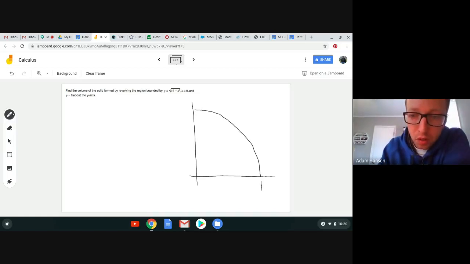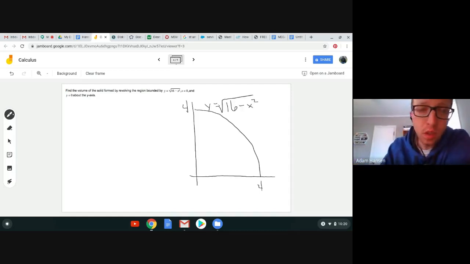All right, so there's 4 on the x-axis, 4 on the y-axis, and this is y equals square root of 16 minus x squared. Okay, so there's the region bounded by our three given functions.